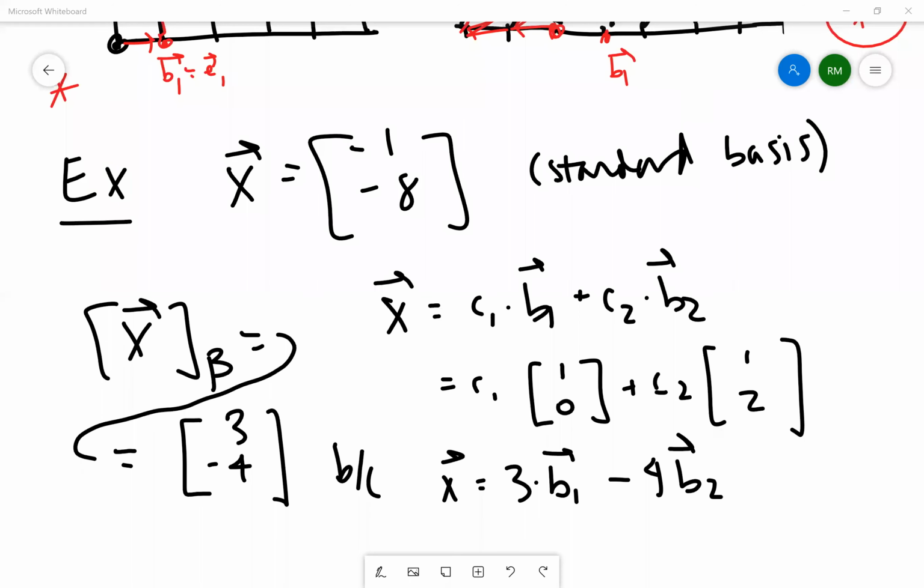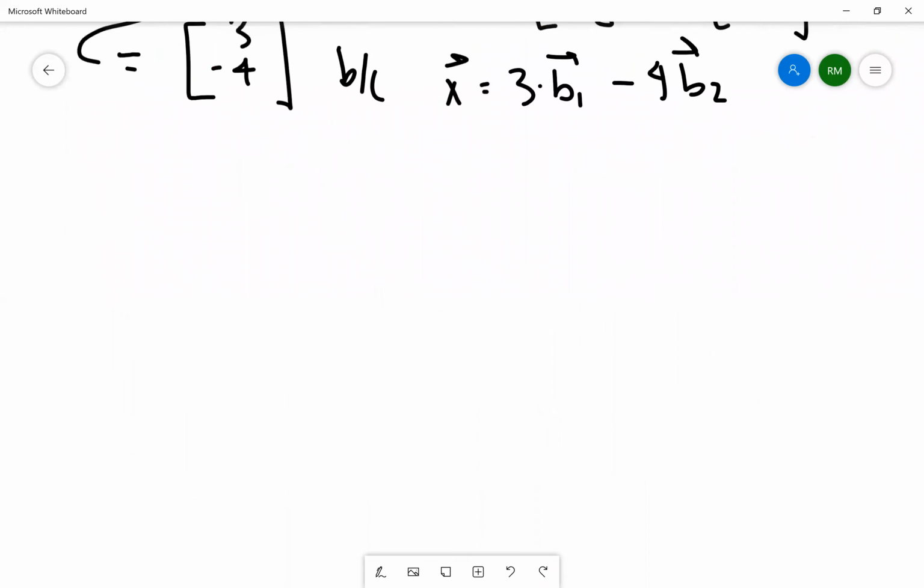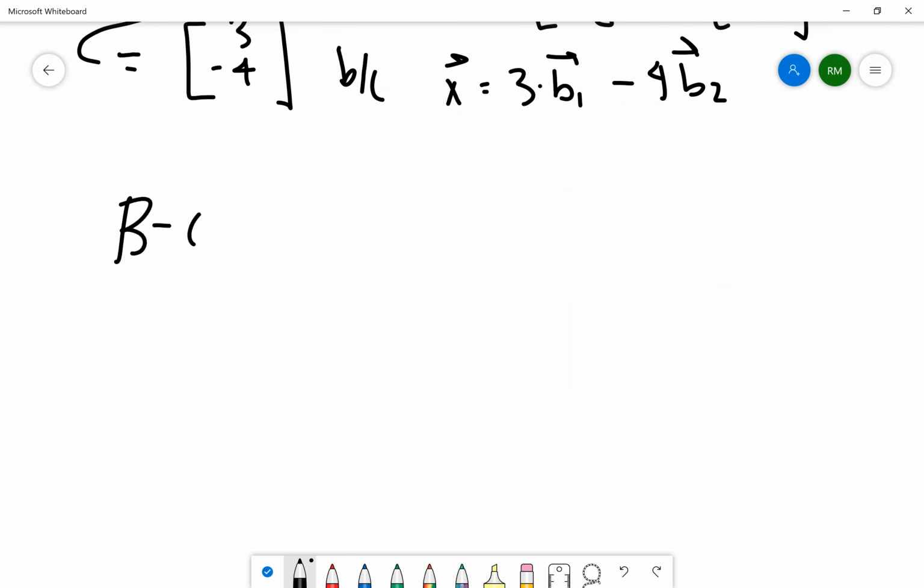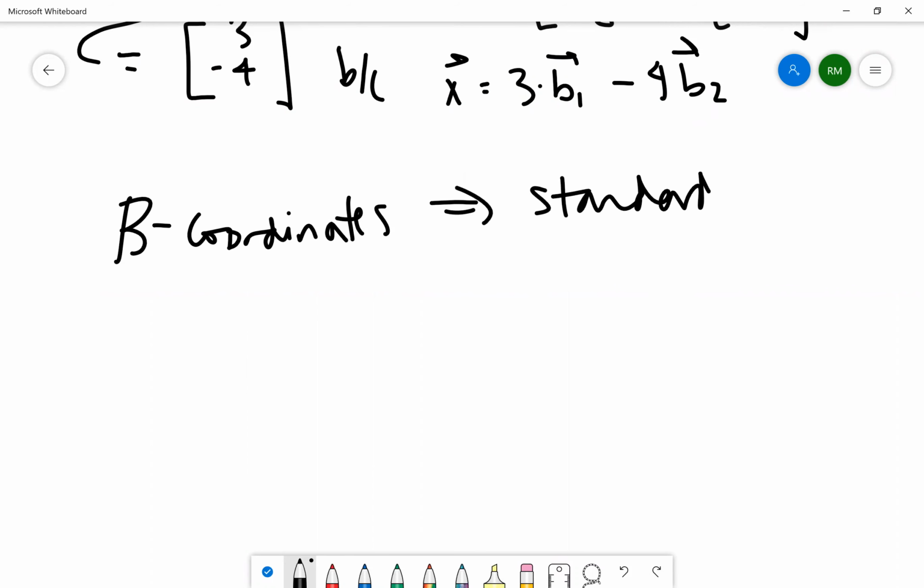All right, so we see that going from the beta coordinates to the standard basis coordinates, that's pretty easy.